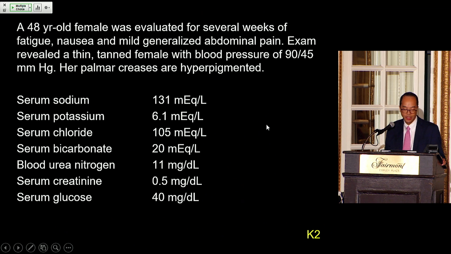Okay. Next, a 48-year-old female evaluated for several weeks of fatigue, nausea, and mild generalized abdominal pain. On exam, she's thin and tanned with a blood pressure of 90/45. Her palmar creases are hyperpigmented. She has a K of 6.1, glucose of 40. The rest of her labs are as shown.